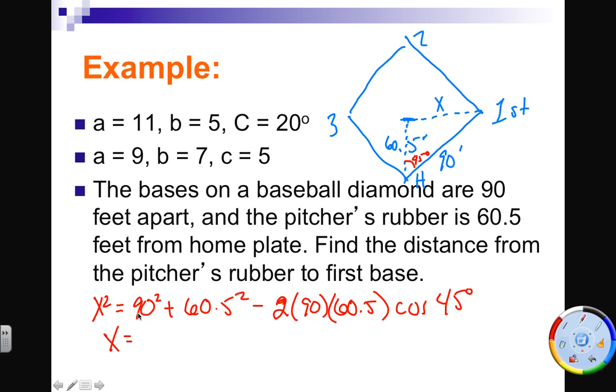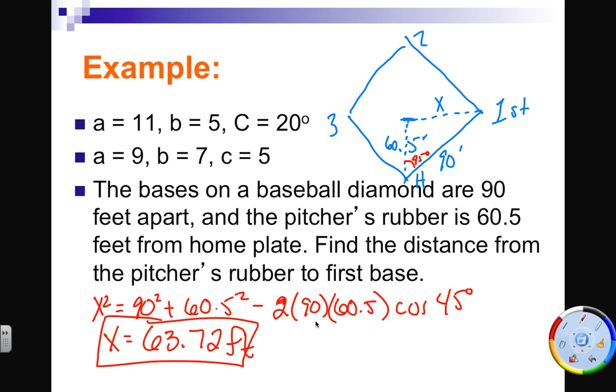Square root of 90 squared plus 60.5 squared minus 2 times 90 times 60.5 times the cosine of 45. And I get 63.72 feet. Nice and easy.